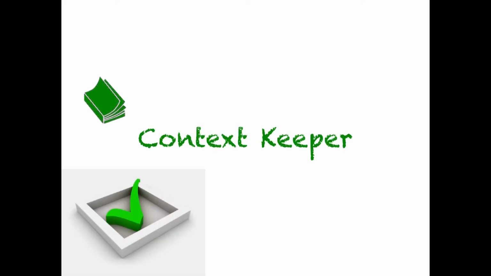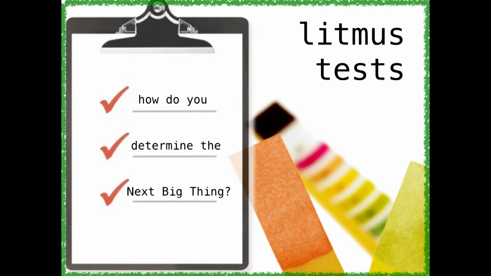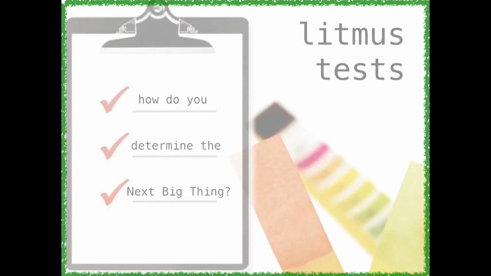Another one of our patterns that we really like is this thing called a context keeper. This allows you to go on a digression and then come back and allow people to know where they still are within the context of the slideshow that you're doing. So let me give you an example of a good context keeper. You'll notice that the litmus paper over here on the left basically follows around every slide.